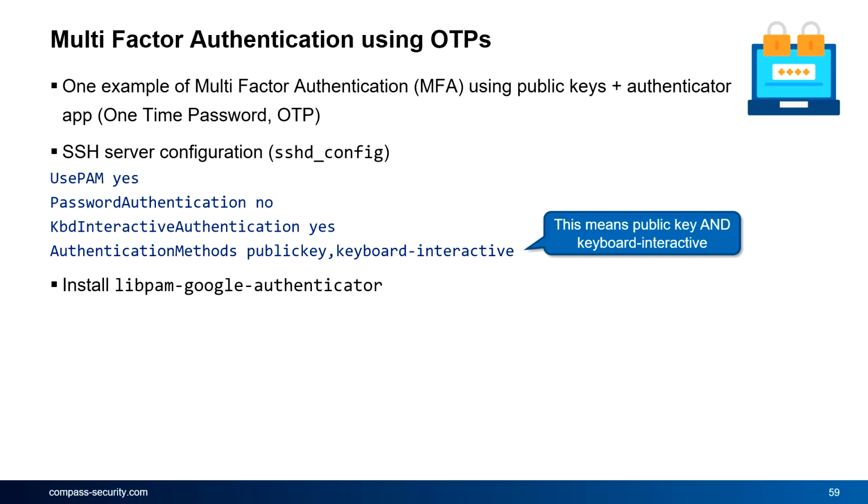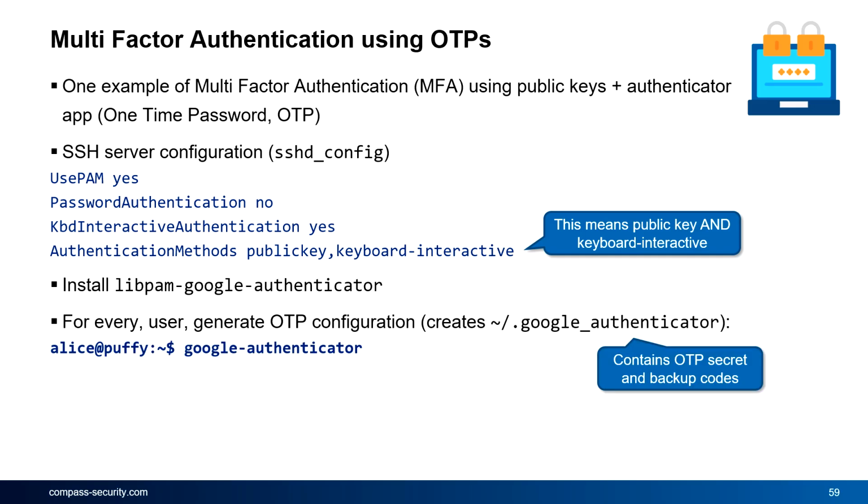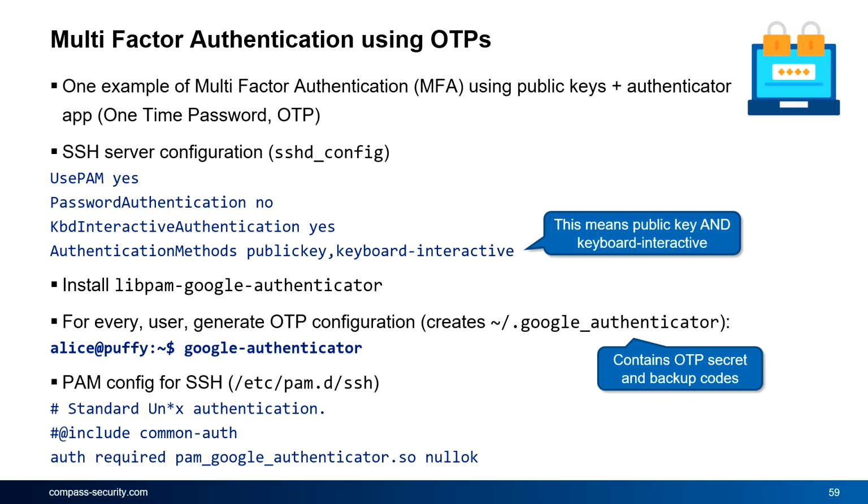As an example, you can use the libpam-google-authenticator module, and then the users have to set up their OTP configuration. They can execute google-authenticator, and this will create the file .google_authenticator in their home directory, which contains the OTP secret and also some backup codes. Then finally, in the PAM configuration of SSH, you also have to enable the PAM module so that the user will be asked for the OTP.